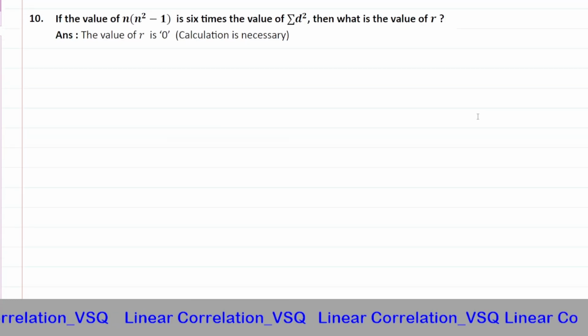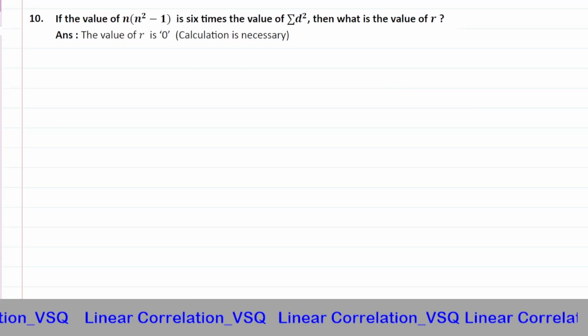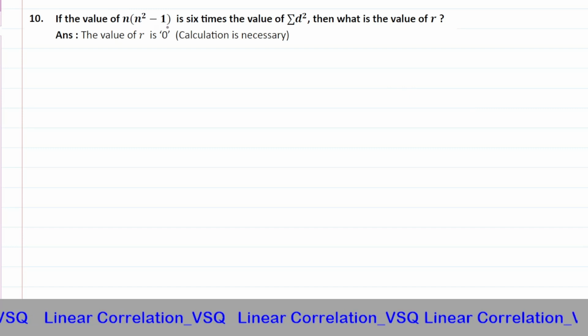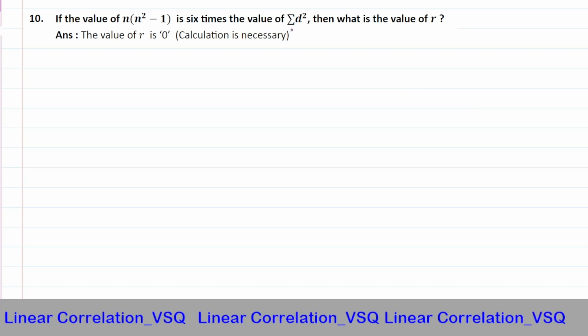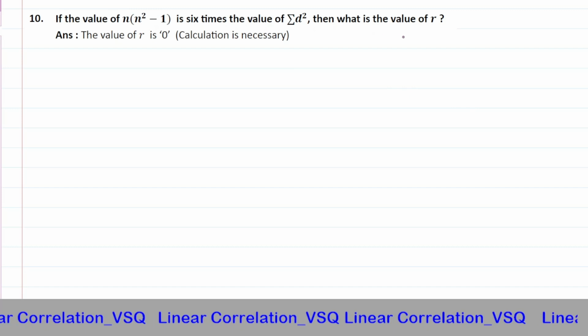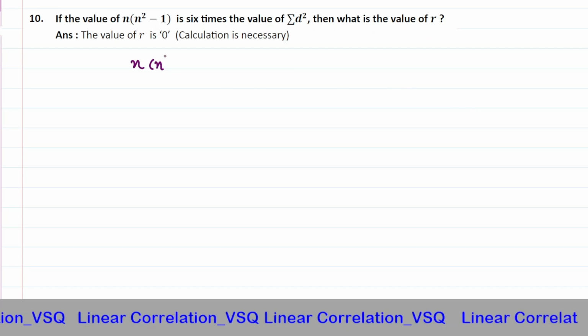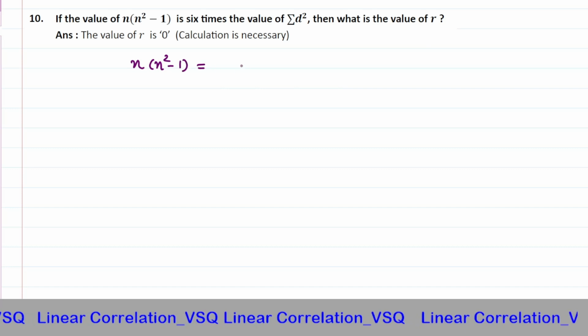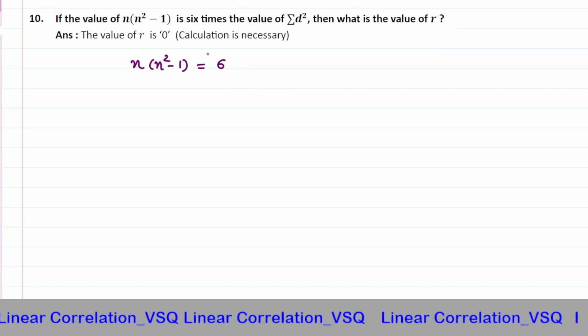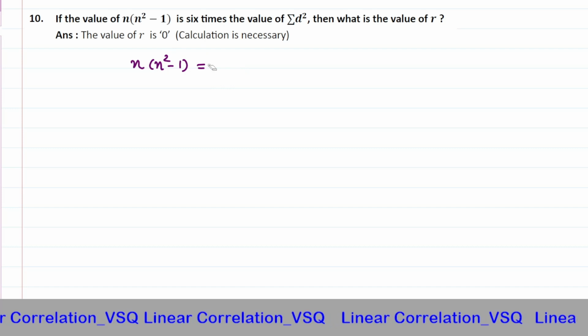Question number 10: if the value of n squared minus 1 is 6 times the value of sigma d squared, then what is the value of r? Let us calculate. n squared minus 1 is 6 times sigma d squared.